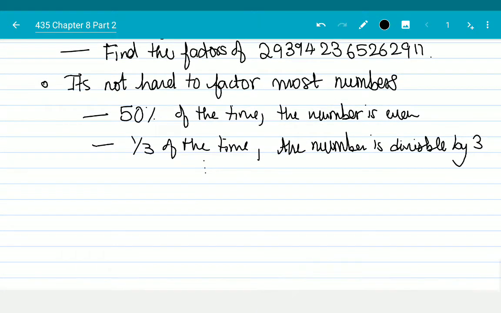So for most numbers, you can find such x and y pretty easily.